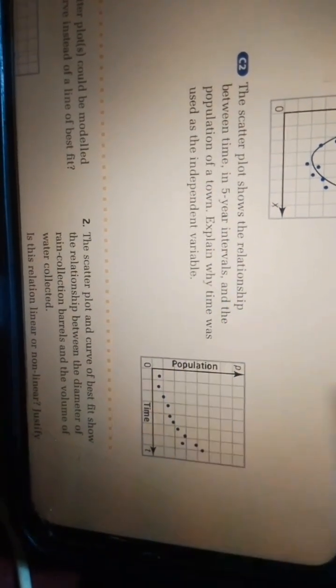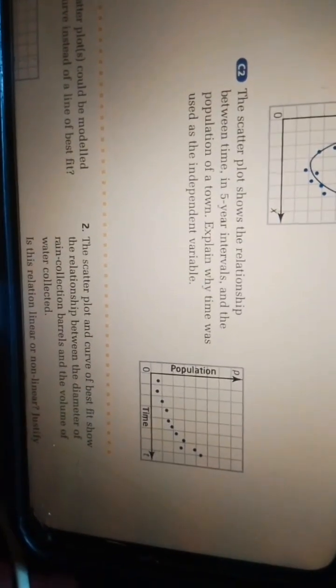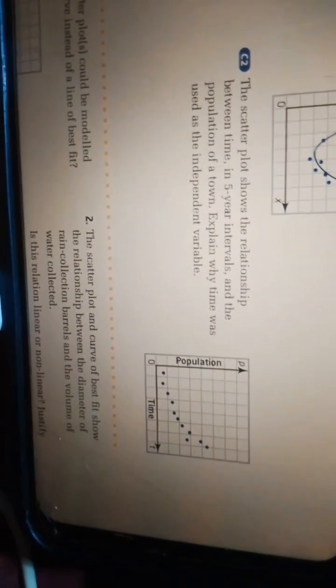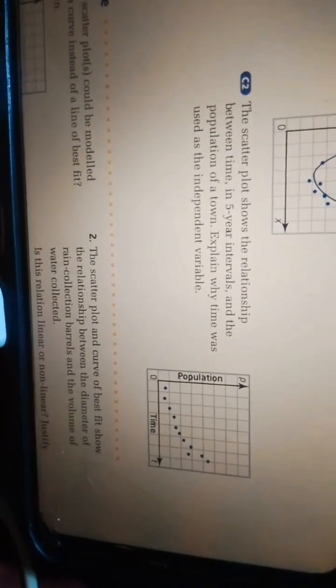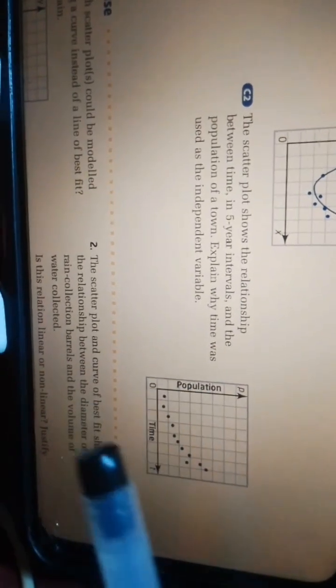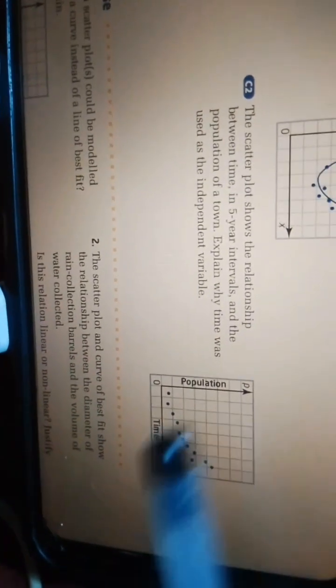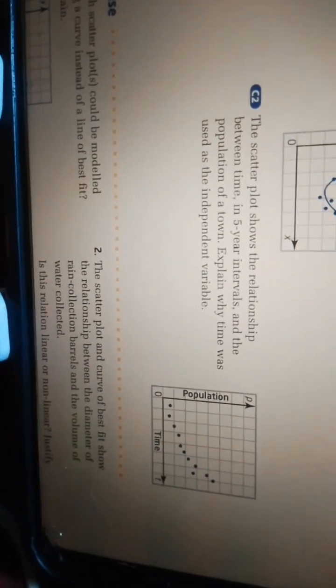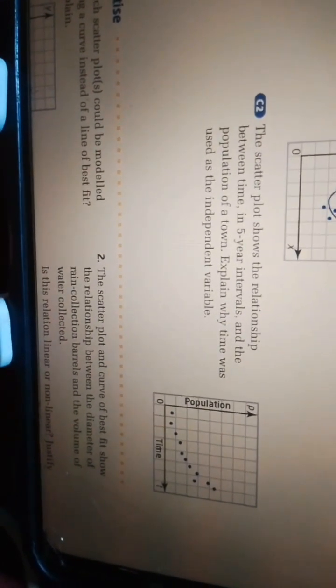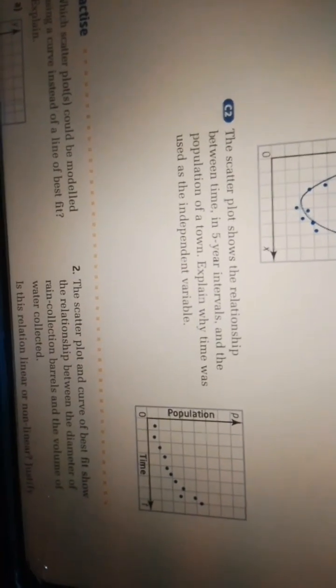You can use 5-year intervals, 2-year intervals, or 10-year intervals, it is up to you. You can manipulate the time, while you cannot manipulate the population at that certain time because you cannot decide on that population.